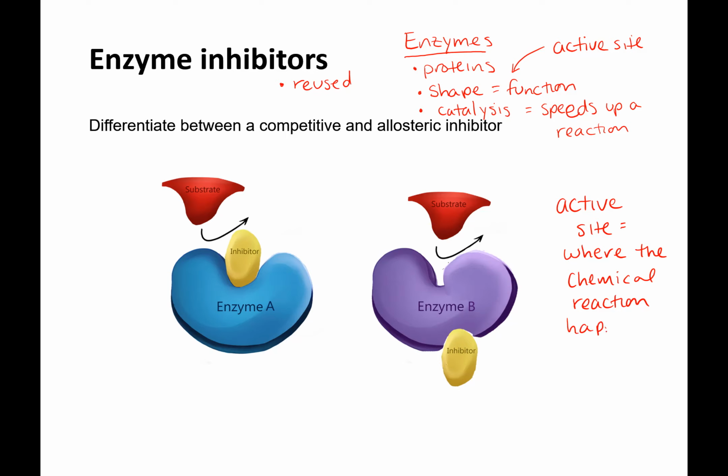And remember that this is very specific. So one enzyme will catalyze one type of reaction, and it's because that active site has a very specific shape to bind the substrate. So the active site is where the substrate binds.